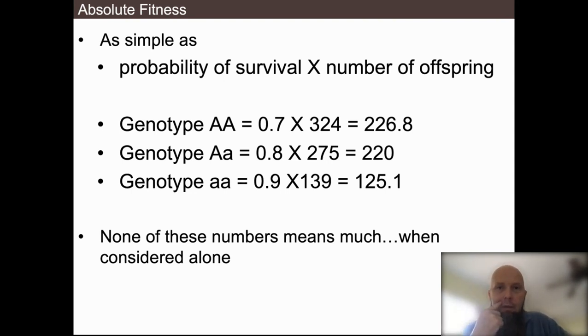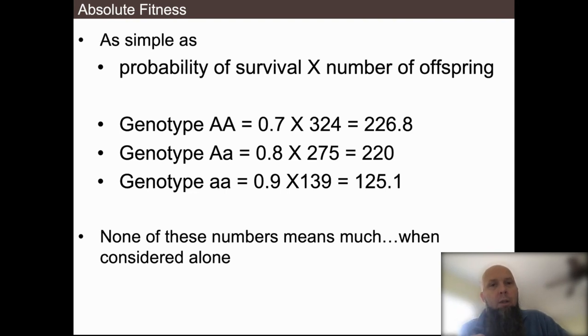So the homozygous dominant genotype illustrated here has a 70% chance of survival. So of 10 individuals born with that homozygous dominant genotype, 70% are expected to survive, 7 out of 10. Now, those that survive will have on average 324 offspring.